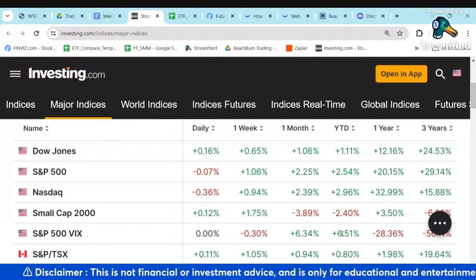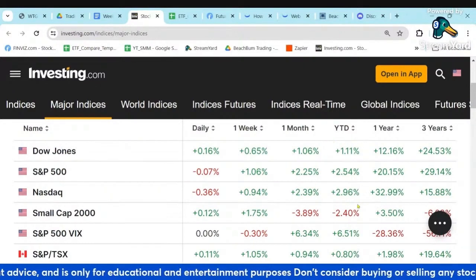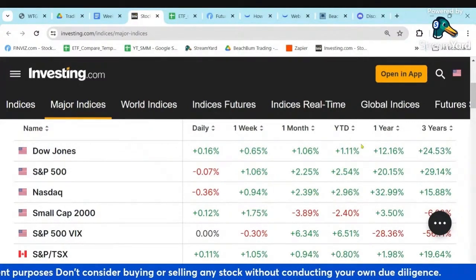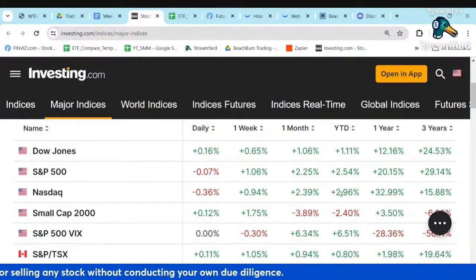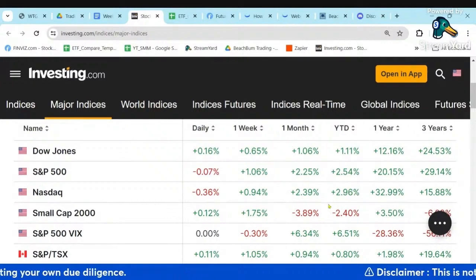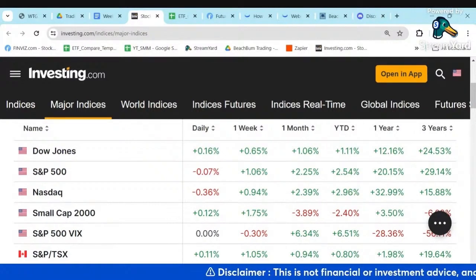VIX, a little bit of positivity. So again, the January barometer says that, based on the performance of January, here is what we can expect for 2024. It bodes positively for the Dow, S&P, and NASDAQ, not so much for the Russell. Typically, part of the January effect is a buyback of some of the tax loss harvesting.